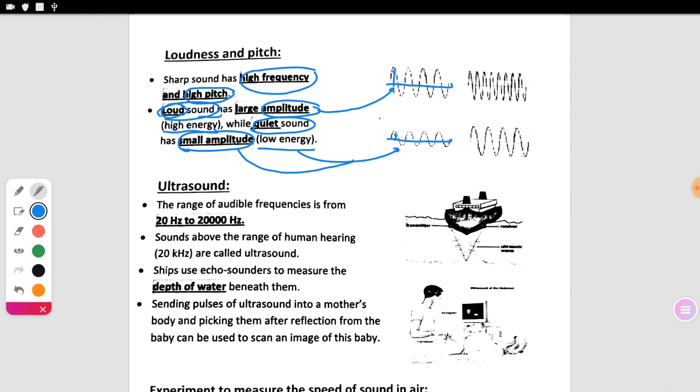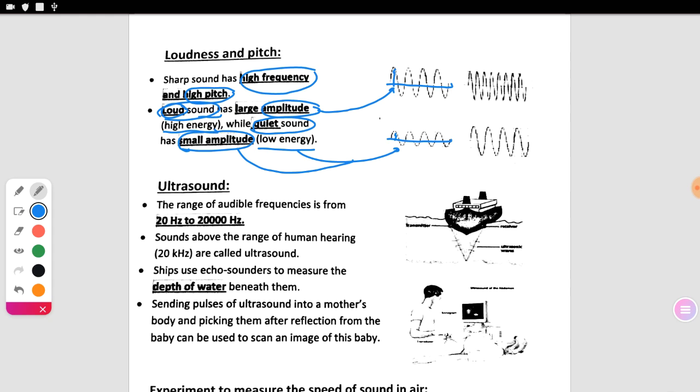The difference between loudness and pitch is that pitch is characterized by the frequency. Frequency indicates the pitch, high frequency or low frequency. A sharp sound has high frequency, which means high pitch.